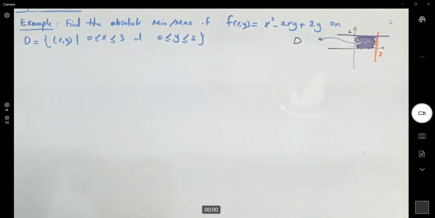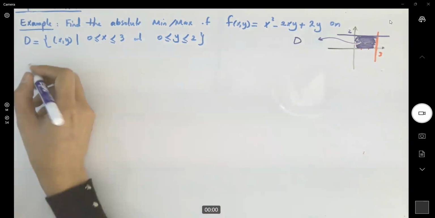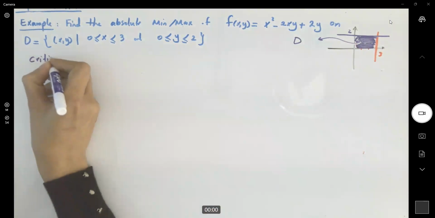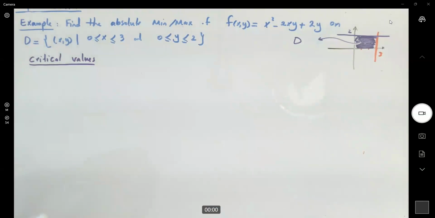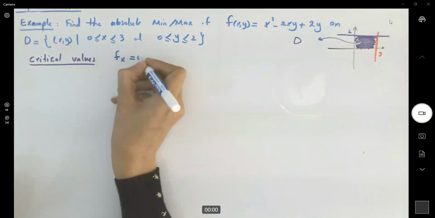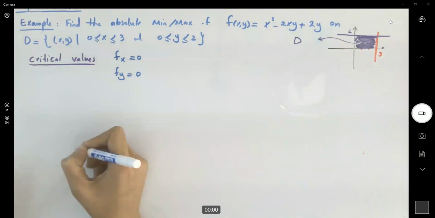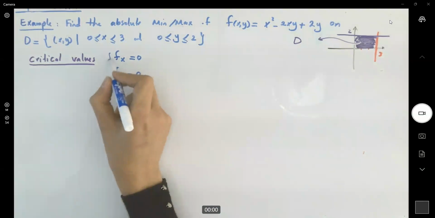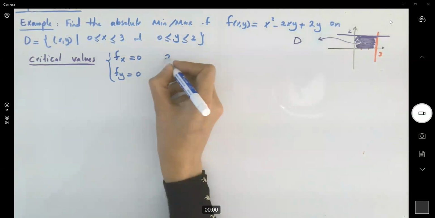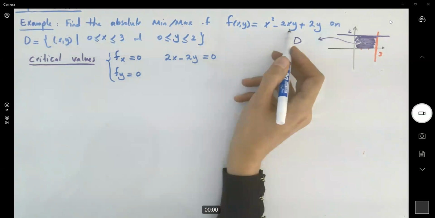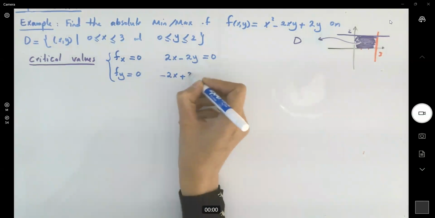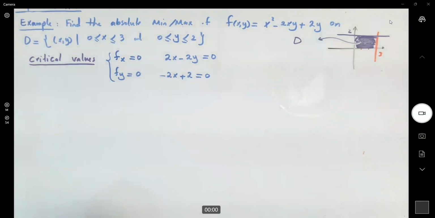Well, let us begin. First, let's find the critical values, the same as before. We're going to find the partial derivative of f with respect to x and set it equal to 0, and the partial derivative of f with respect to y equal to 0. So f sub x is going to be 2x minus 2y equal to 0, and with respect to y, negative 2x plus 2 equal to 0.